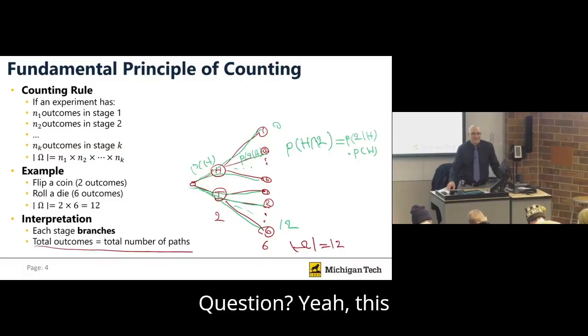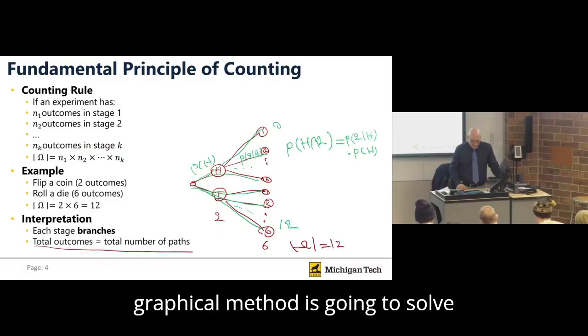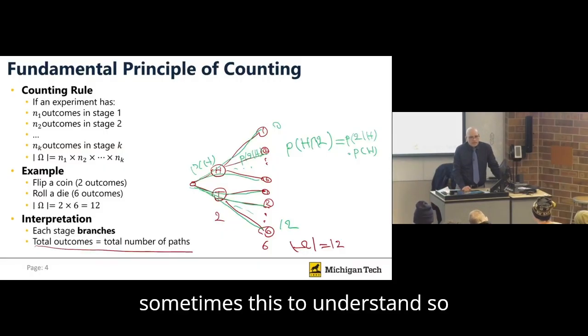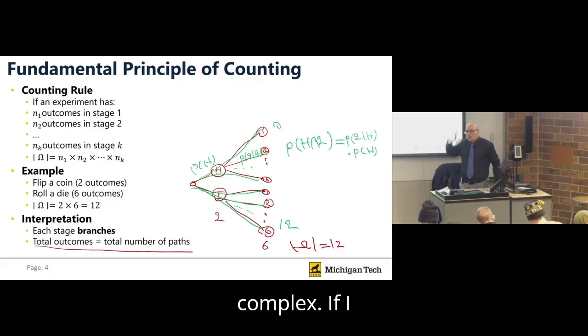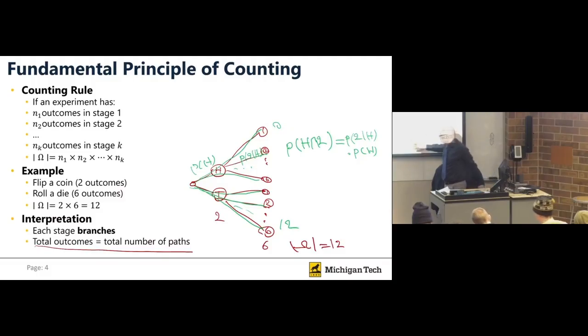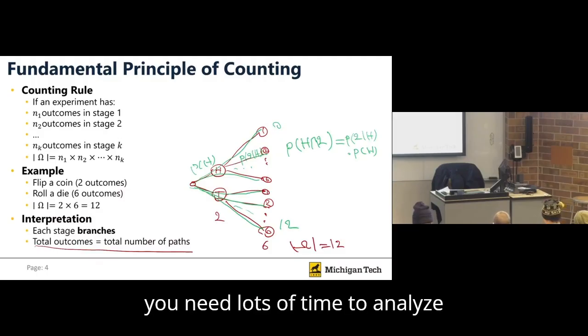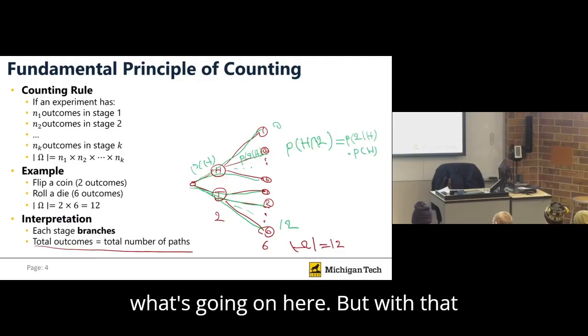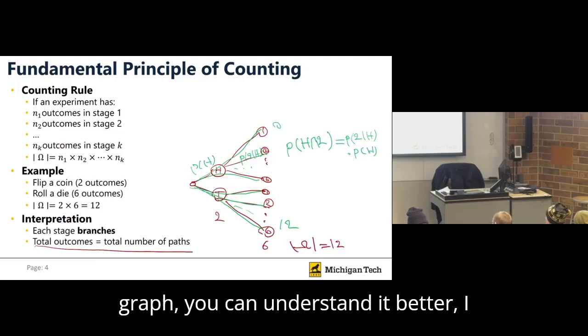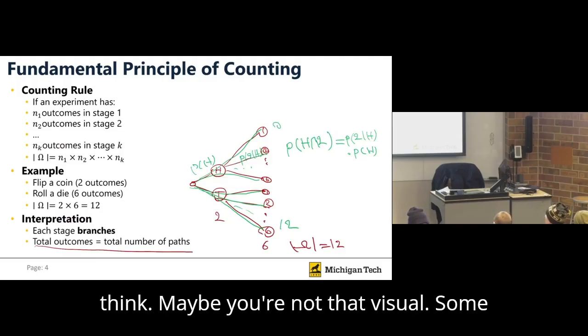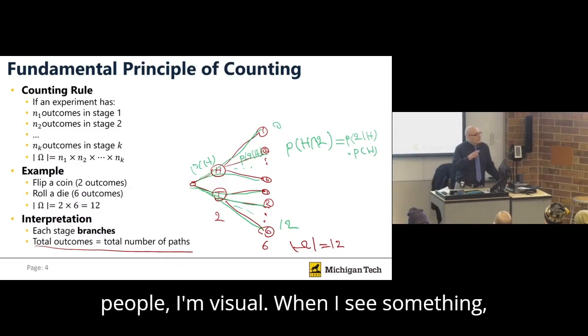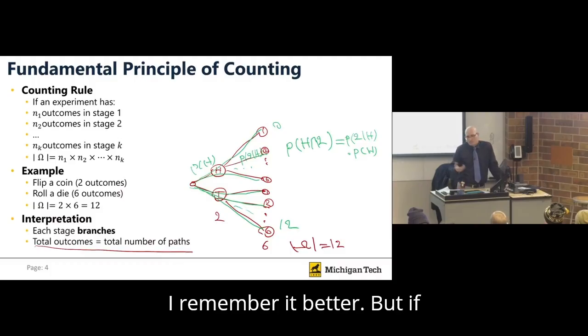Question? Yeah, this graphical method is going to solve it. Sometimes this is so complex to understand. If I just talk about this, you need lots of time to analyze what's going on here. But with that graph, you can understand it better, I think. Maybe you're not that visual. Some people are. I'm visual. When I see something, I remember it better.